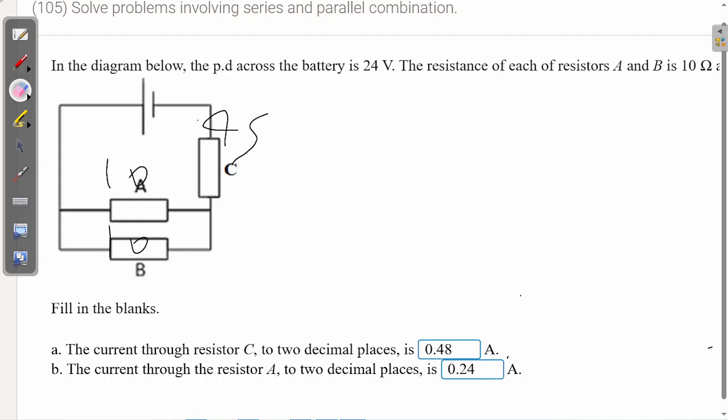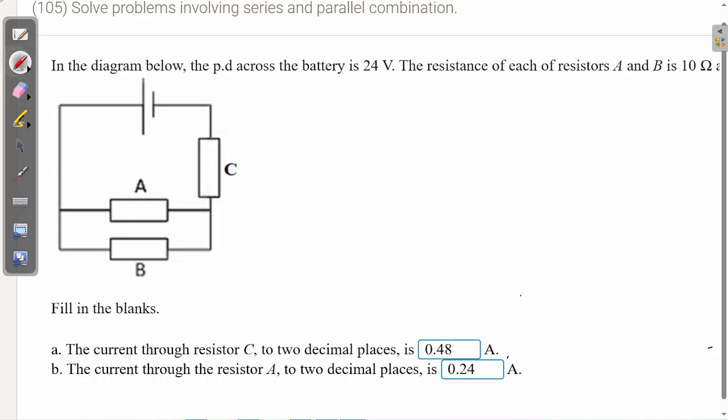Now, if you want the current through the resistor A, we know that the current going into a junction is equal to the current going out, which is this and this.